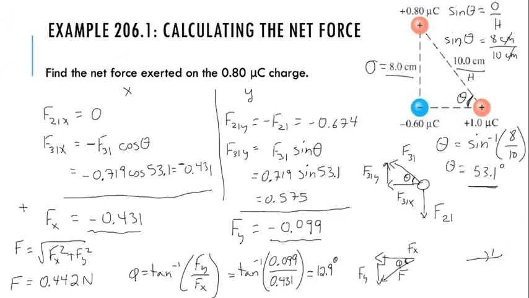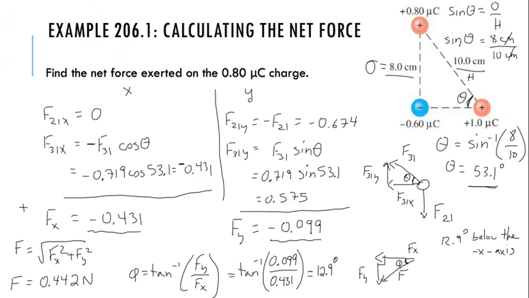So let's erase that. What we can say is 12.9 degrees below the negative x-axis. This would be the negative x-axis and we're going below it.